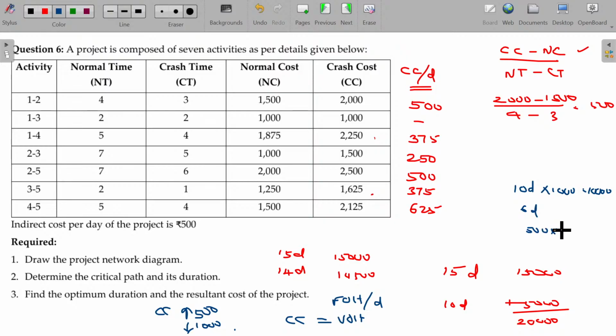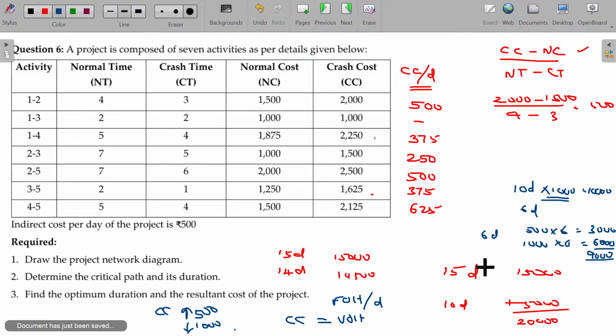So 500 into 6 days, I need to spend 3,000 rupees. Apart from that, my stay cost of 1,000 is now for only 6 days, equal to 6,000. So now I can finish in 6 days and the overall cost is only 9,000.